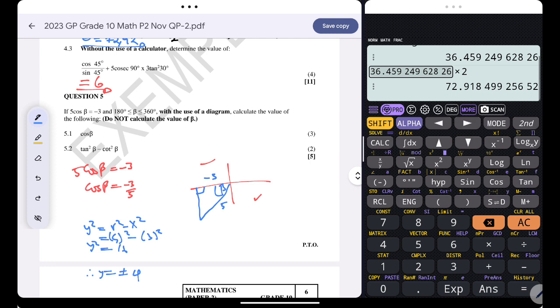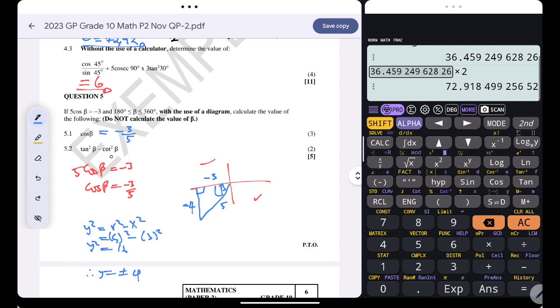Since my right angle triangle is below the x-axis, I know that my y value will be negative. So I'll choose a negative 4 there. Are you together? Now for me to calculate cos of beta, okay, cos of beta is simple. I would have just said negative 3 over 5.